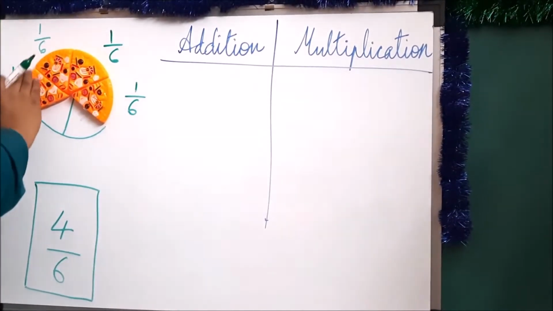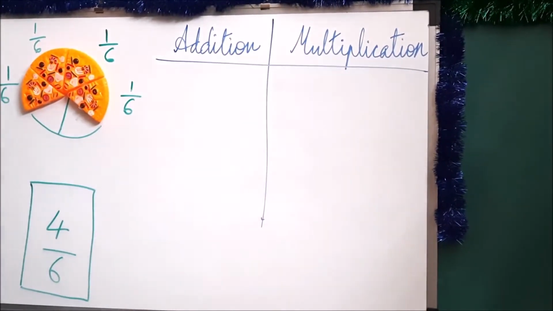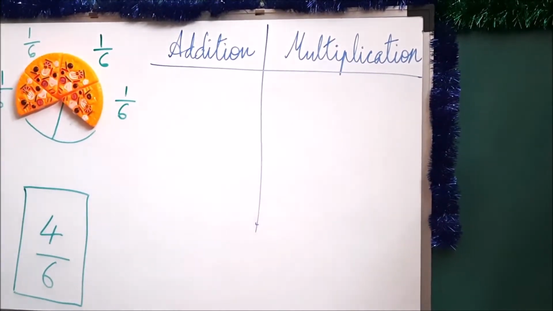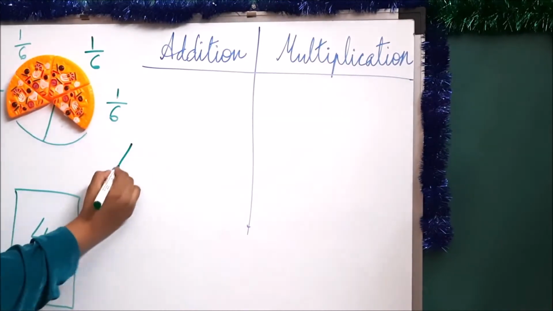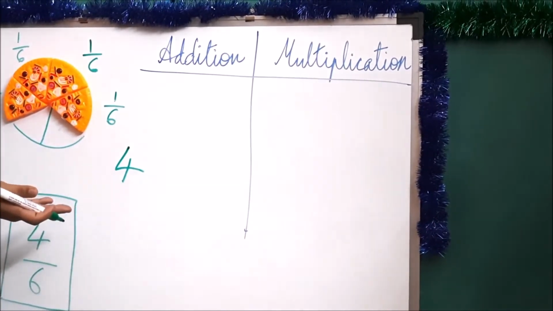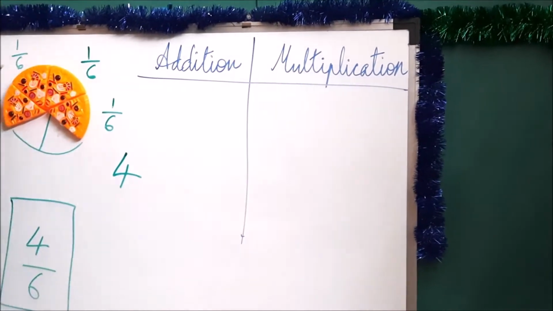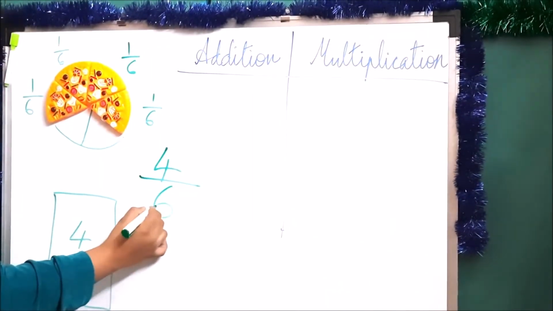And I ate all these pieces. I ate so much pizza. If you ask me how much pizza did you eat, I will say I ate 1, 2, 3, 4. I ate 4 pieces of pizza. Now, on the whole, how many were there? There were 6.